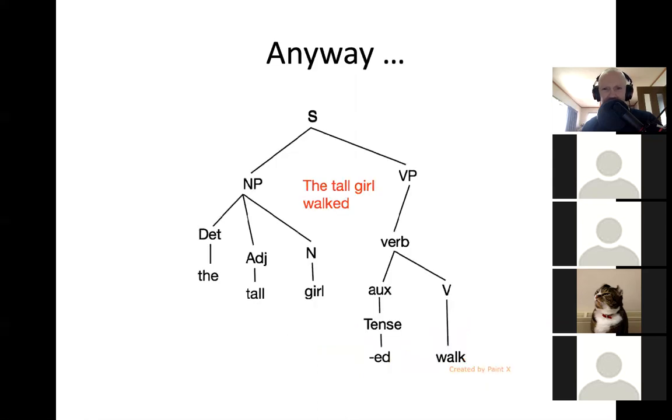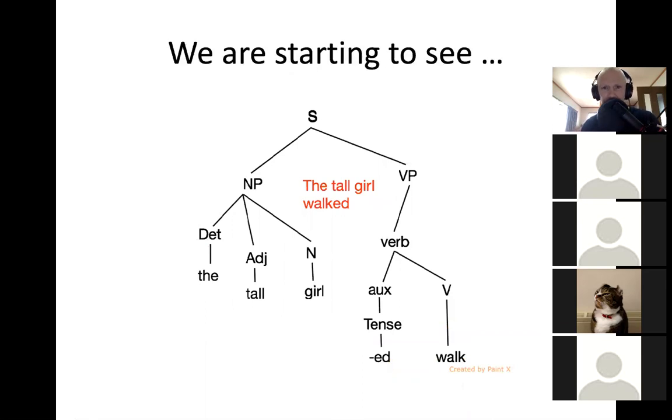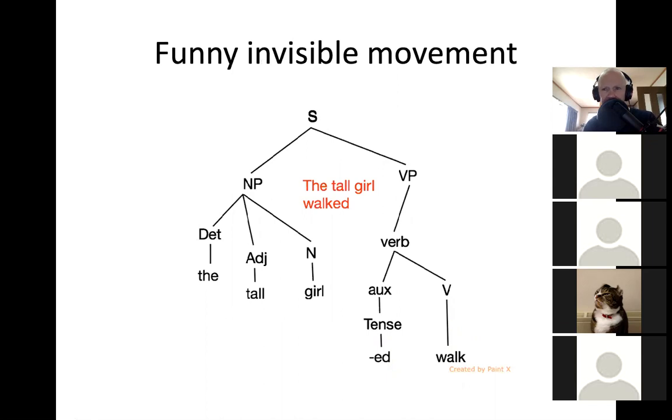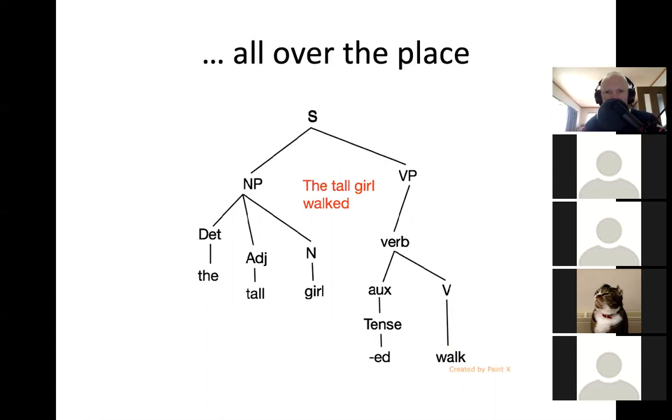But anyway, the idea was that if we have invisible movement, maybe we can say that everything deep down is the same. It's possible. So we're starting to see funny invisible movement everywhere, all over the place, in fact.